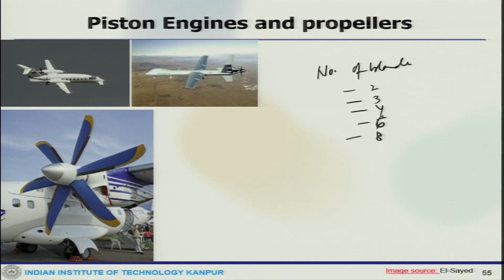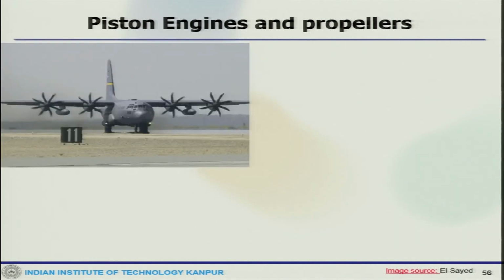This one is a 6 bladed propeller which you see here, and an 8 bladed propeller is here. This is the Hamilton Sundstrand 8 blades NP2000 propeller. This is used in the C-130 aircraft.